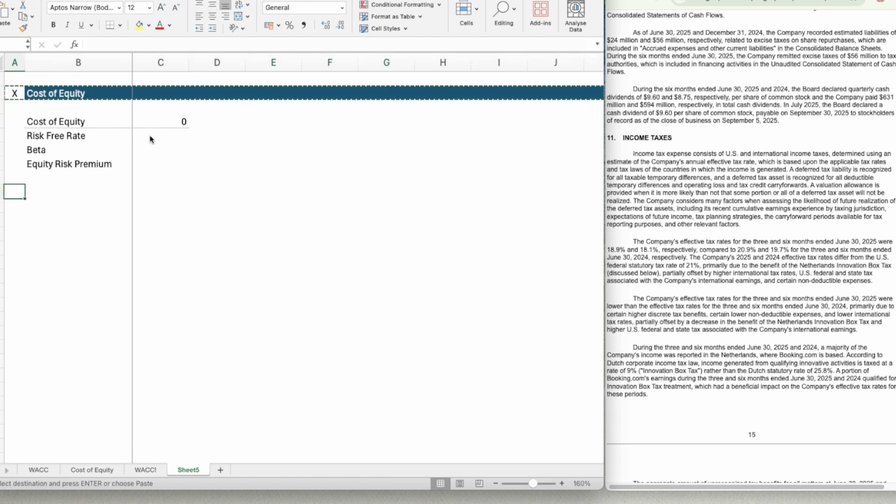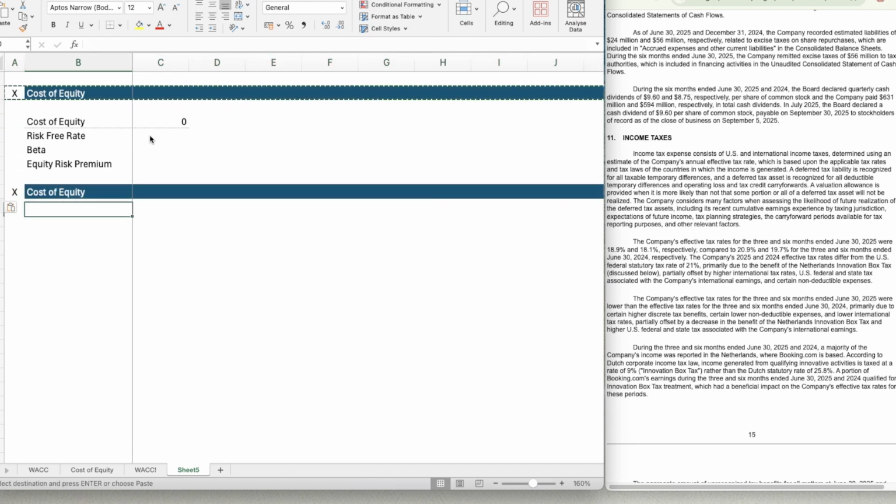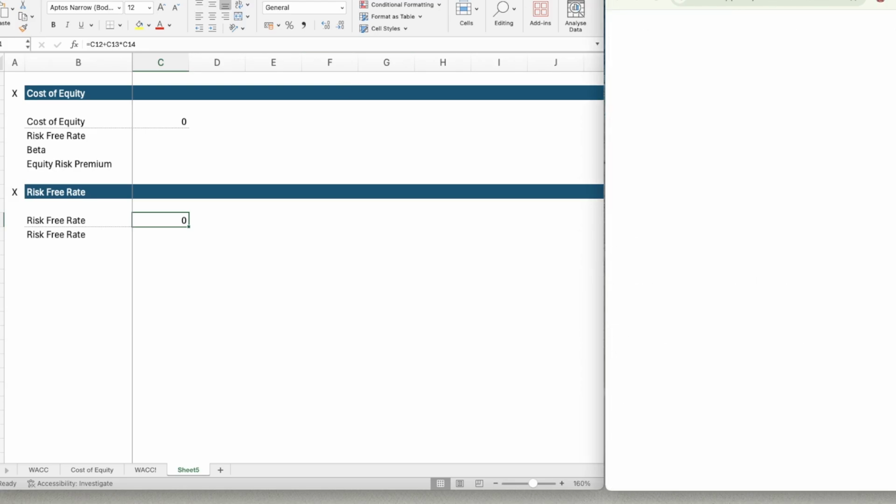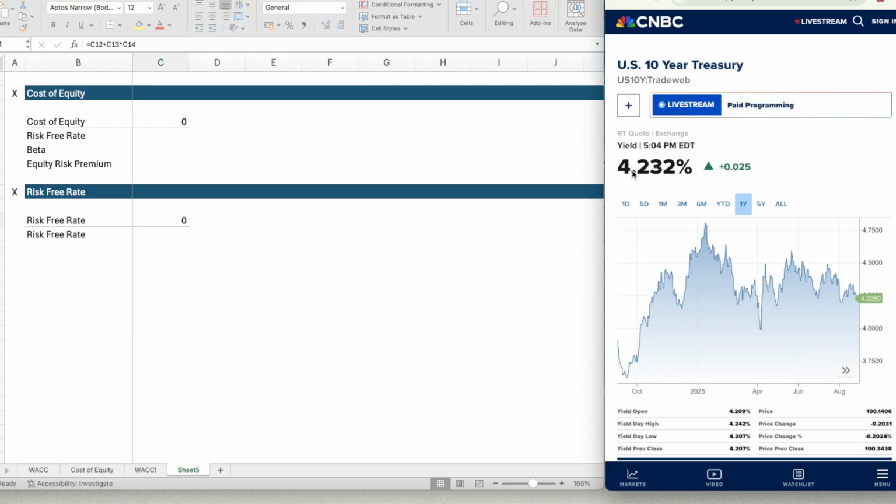So let's do the risk-free rate first. That's always the easiest one. And the risk-free rate we're going to take from the US 10-year, and that is 4.232% at the moment.